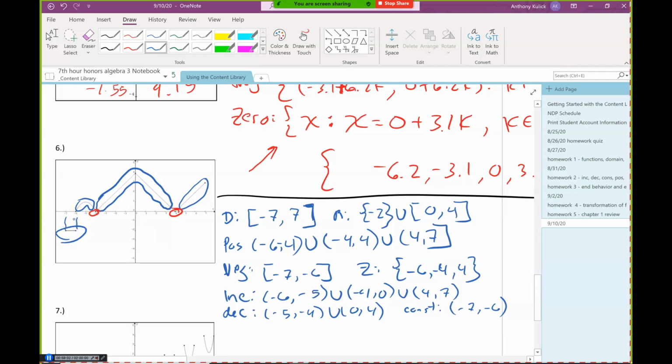Yes. Yep. For positive, negative, 0, increasing, decreasing, constant, the intervals are always x to x. Yes. Good questions. Again, making sure we understand how to use the notation is really important, right? The format of the notation matters a lot.